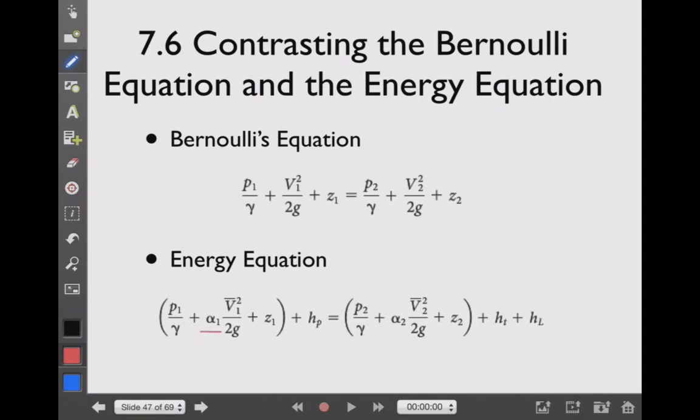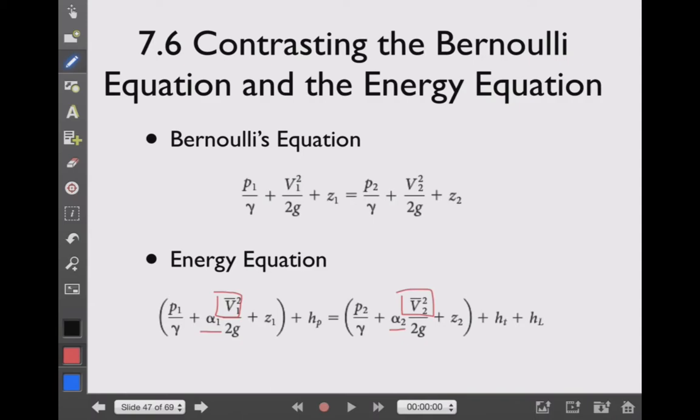First of all, with the energy equation, we have the kinetic energy correction factors, which basically allow us to take a kind of arbitrary velocity profile and express it in terms of the mean velocity, the area-weighted mean velocity. And so these two things are different.